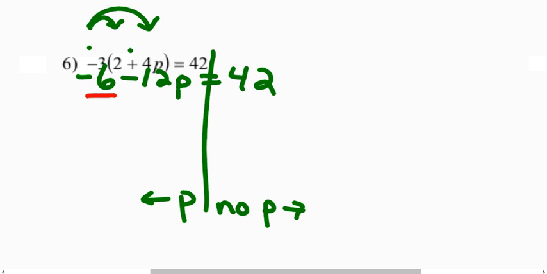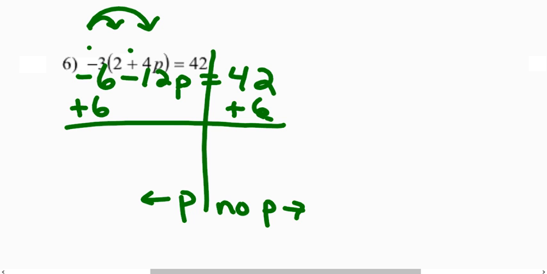So I have to do the opposite of minus 6. Let me get rid of this underline so we don't think we're dividing. All right, I'm going to do the opposite of minus 6, which is plus 6. Not the p. This one does not have a p. My bad. All right, so negative 6 plus 6 is 0. This is negative 12p right here.